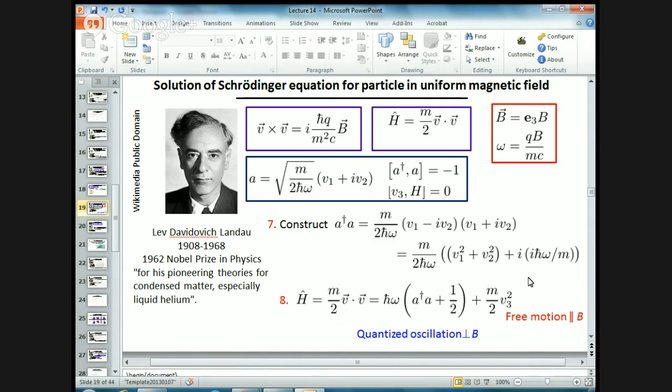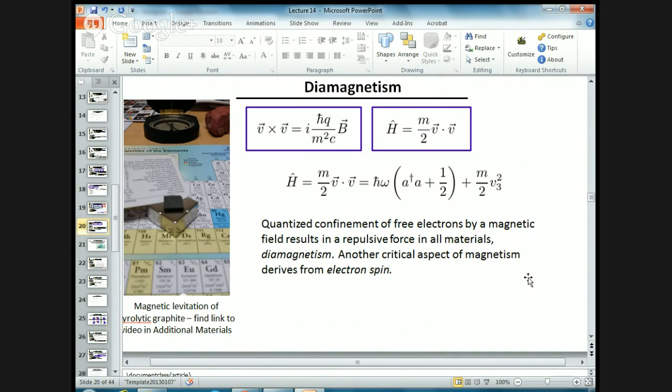And that's why you have diamagnetism. You turn on a magnetic field and you get a zero-point motion of an ensemble of charged particles. I made a little video of diamagnetism in action, levitation of a chip of pyrolytic graphite on a magnet. You can find a link to that on the class website.